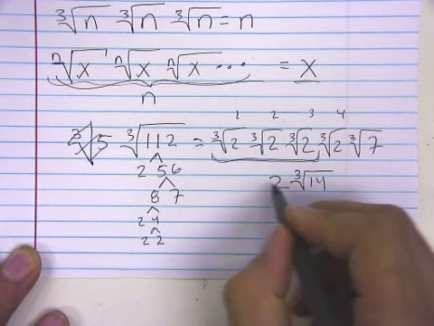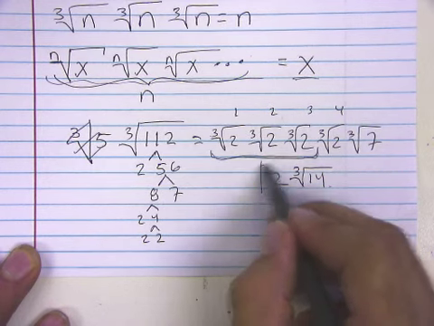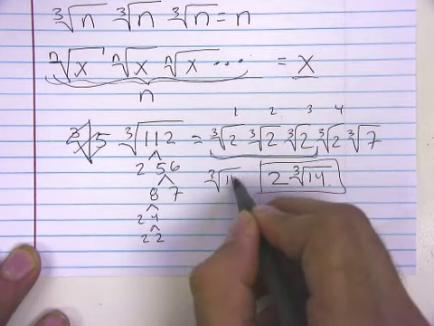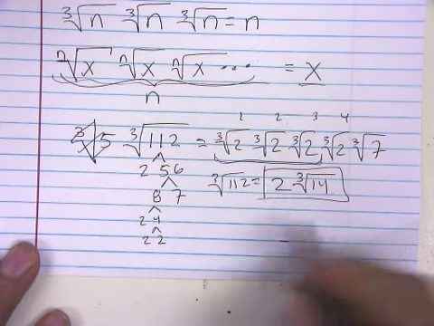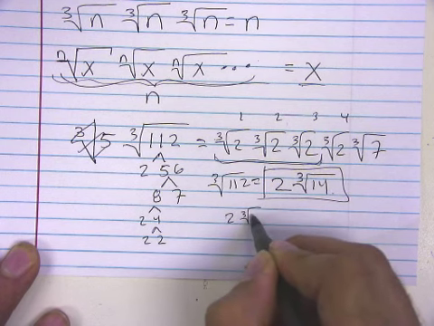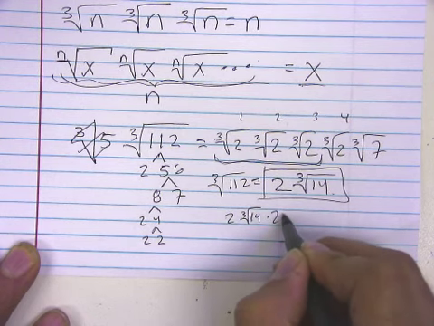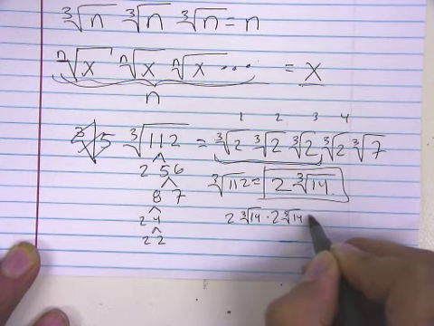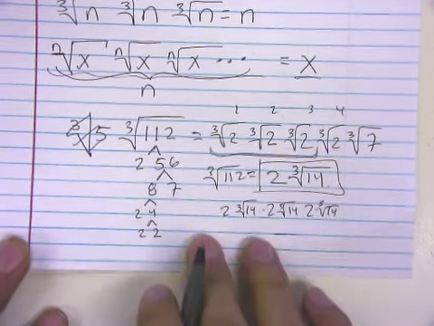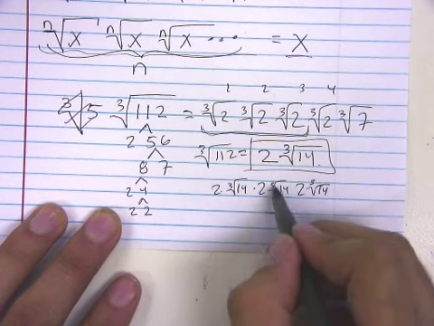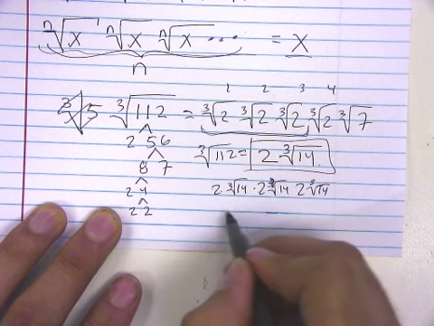Now if I were to cube this thing, so this is the result, right? This is the cube root of 112. If you were to multiply this thing by itself 3 times, so if you had 2 times the third root of 14 times 2 times the third root of 14 and 2 times the third root of 14, what you'd have here is you'd have 2 times 2 times 2, which is 2, 4, 8.